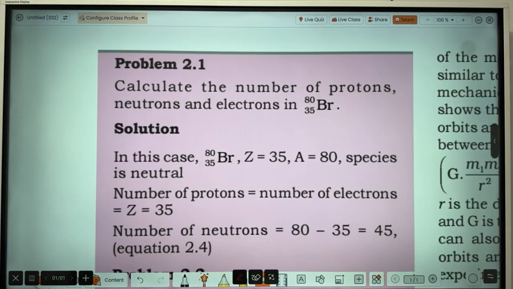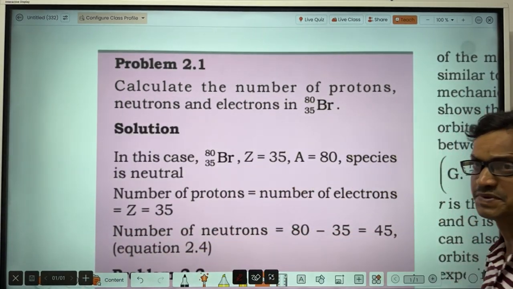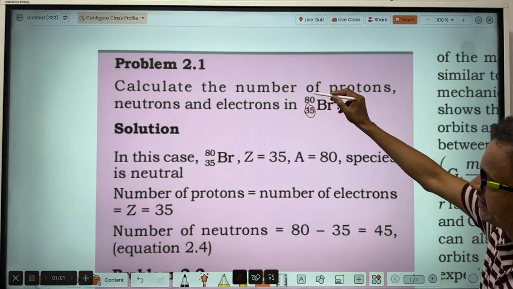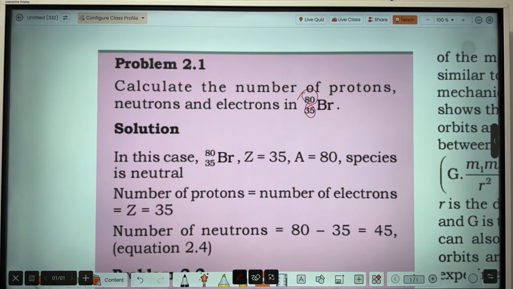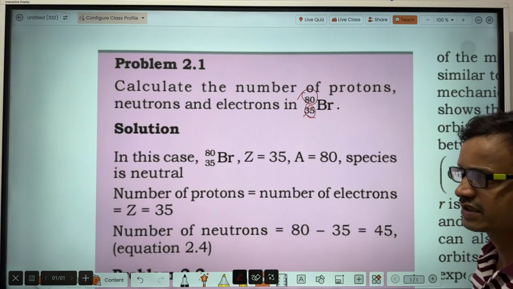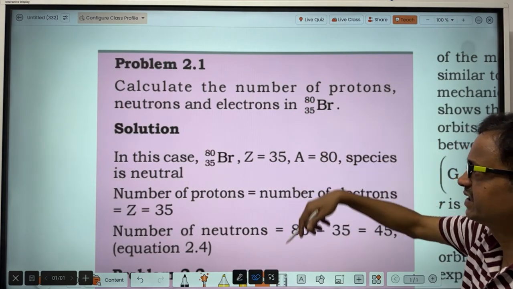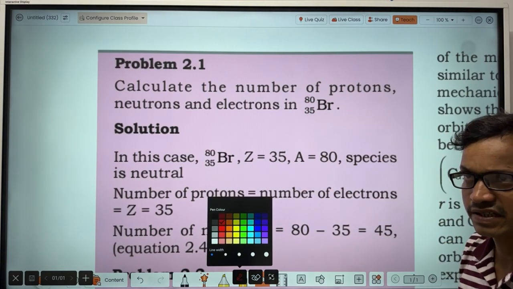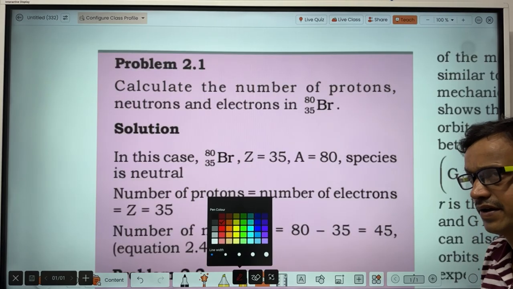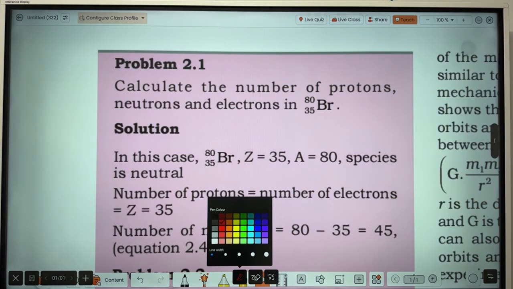So what's here? 35 is in the subscript and 80 is in the superscript. What is written in the subscript is the atomic number, and the atomic number is equal to the number of protons.